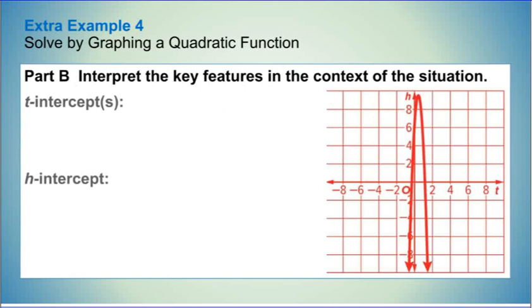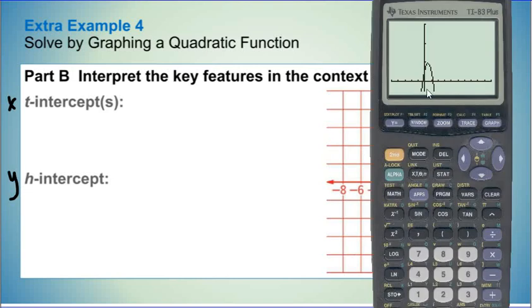So here I have the graph for us. Again, our t is our x, our h is our y. So that x-intercept, where it crosses the x-axis? We go back to our calculator. Second, trace, 0, number 2, hit enter.